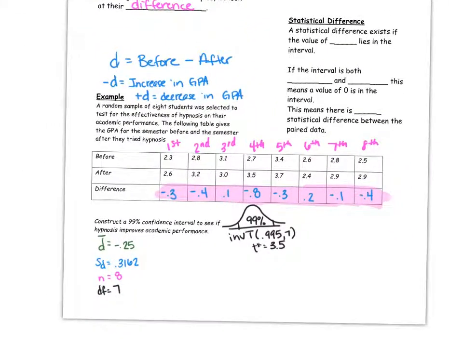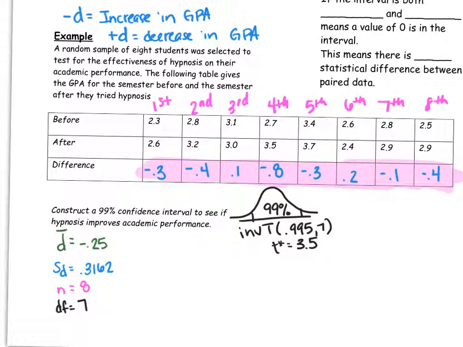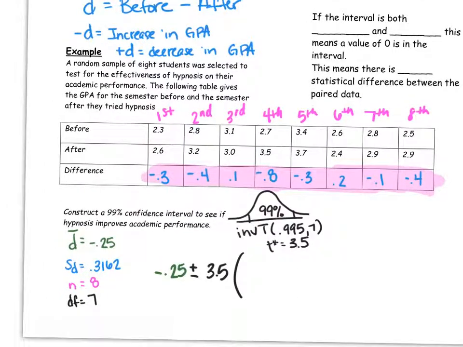So plugging in the formula, what comes first? D bar, which is negative 0.25, plus or minus T star, which is 3.5, times S of D, which is 0.3162, divided by the square root of N, which is 8.